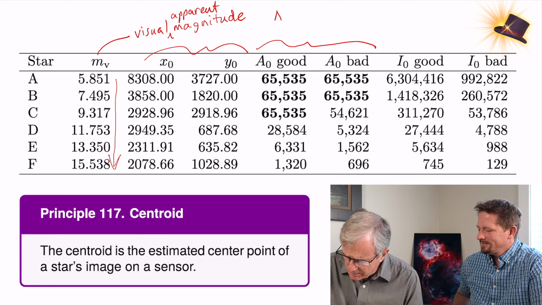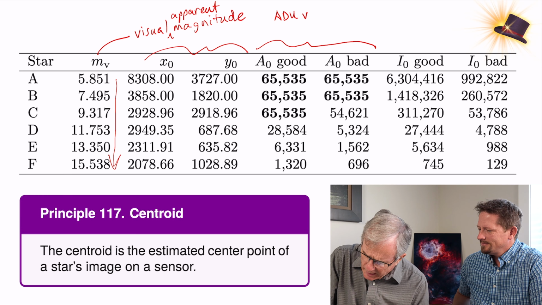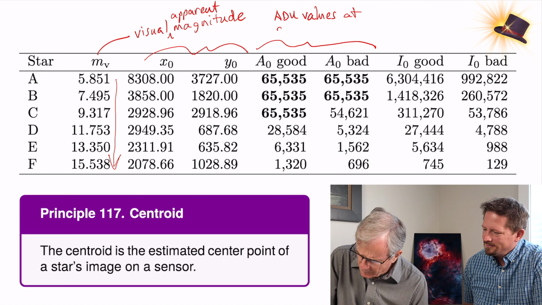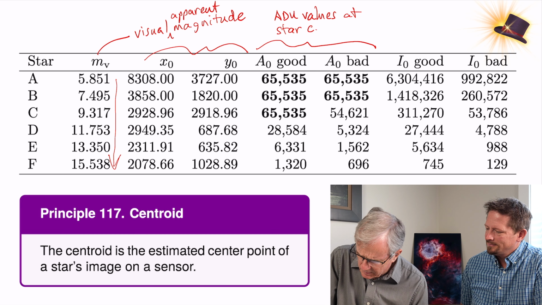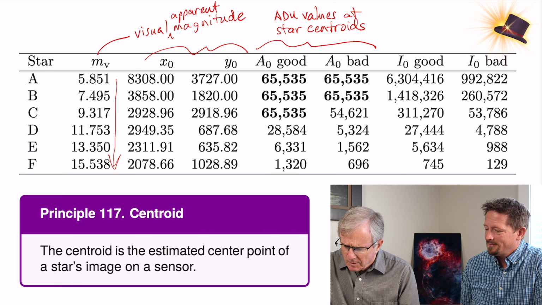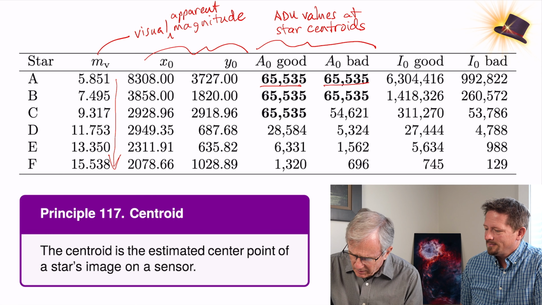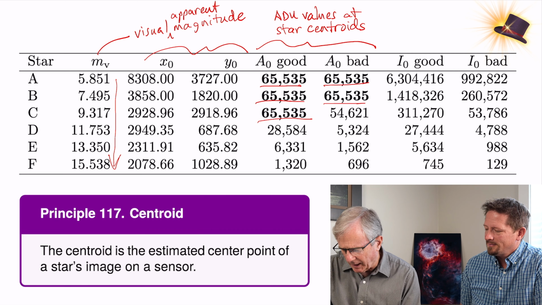These are the ADU values at the star centers, AKA the star centroids. Now you might notice that all of these are 65,535.